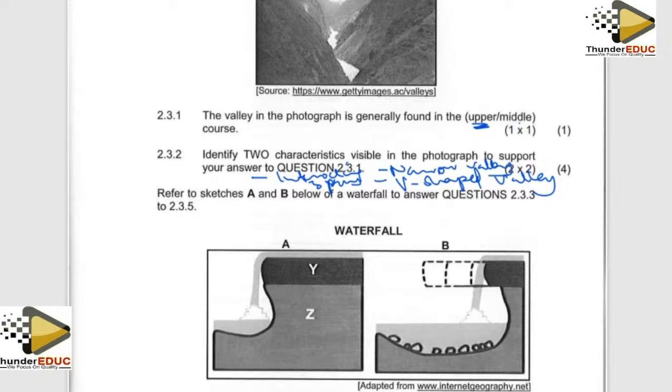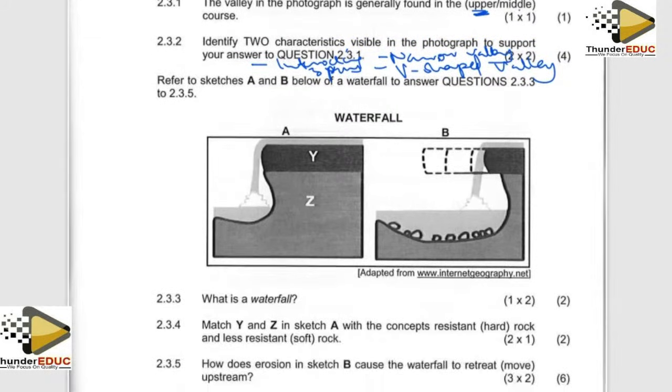And we can also look at the color of what could be the water. It is white. That white color simply means it is in the upper course. So we can talk about the white color of the water.